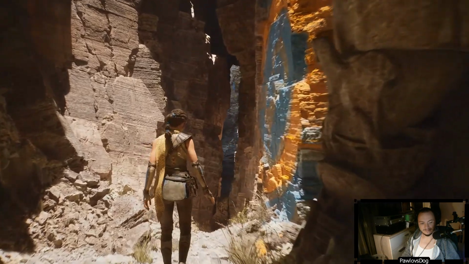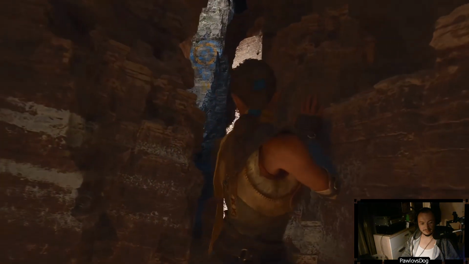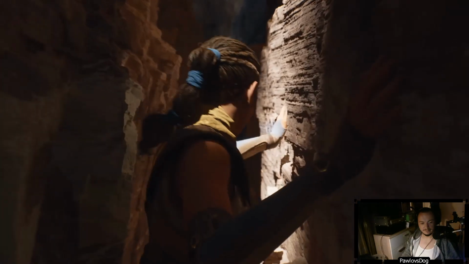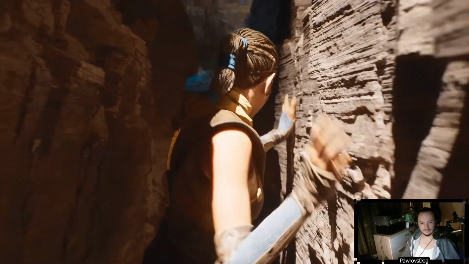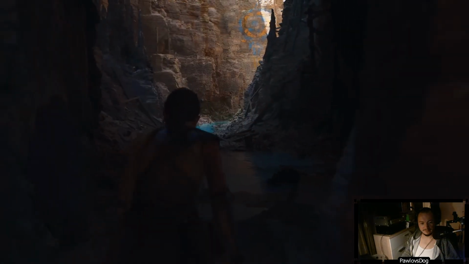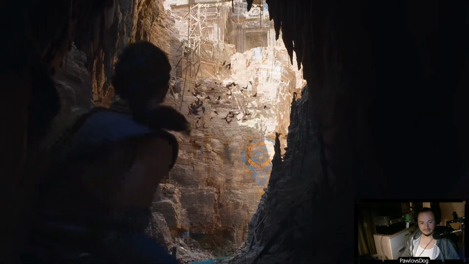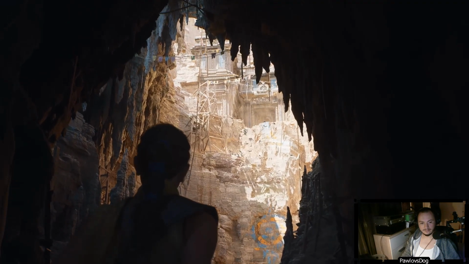All of this adds up to a more immersive experience. This swarm of bats was created with our Niagara effects system.